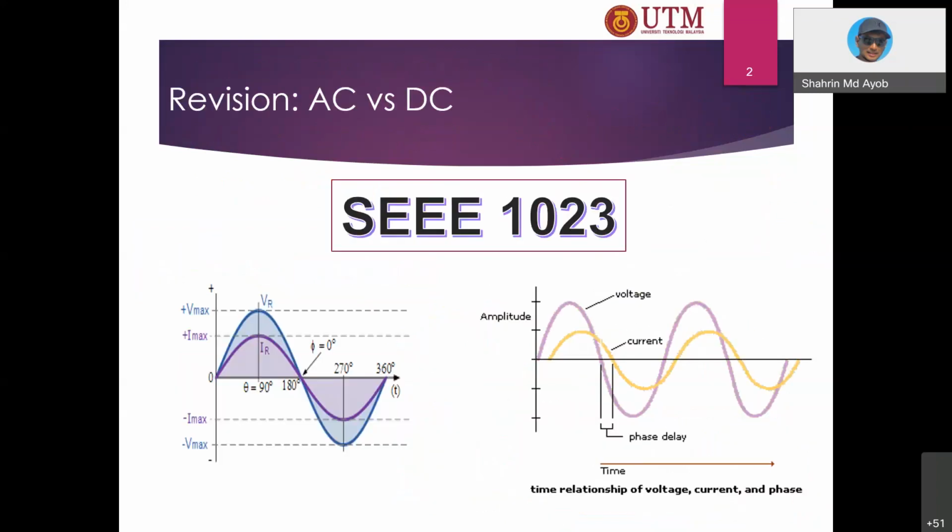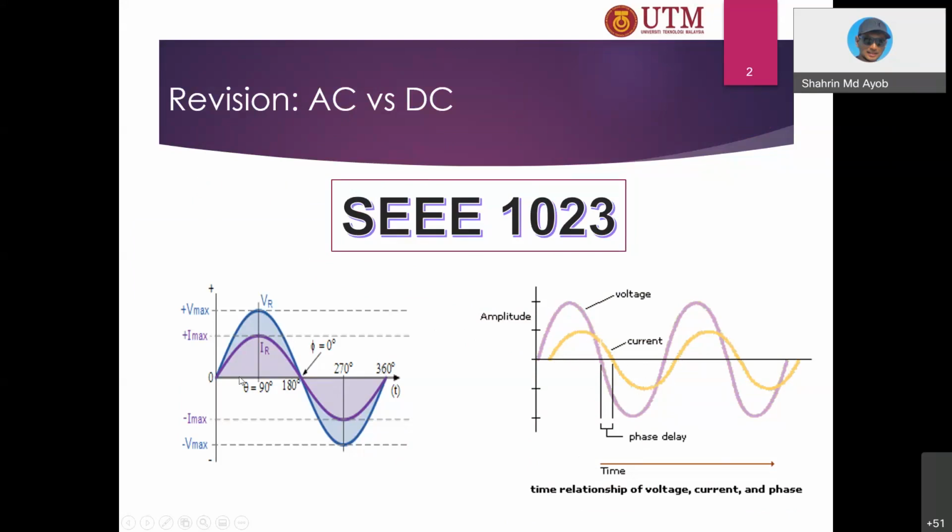Okay, so this is the AC waveform. Please bear in mind that for an AC system, our voltage and current must always be in sinusoidal form. For example, we have the voltage and we have the current.